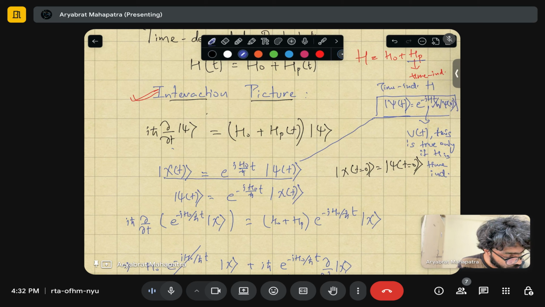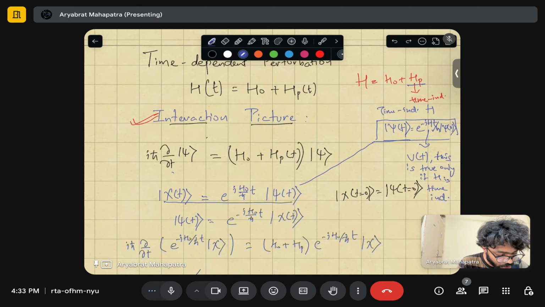Here also we used to do exponential minus I h t over h bar, which is only true if your Hamiltonian is time independent. Here also you can consider this exponential of I h0 only for the time independent part.